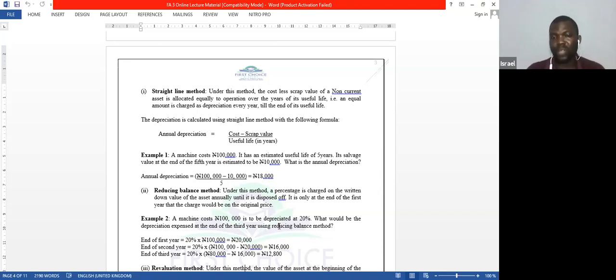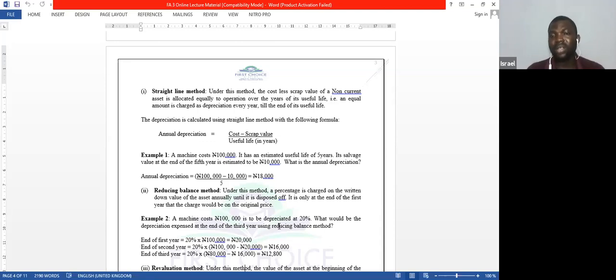Okay, the formula is 20%, which is the depreciation percentage given to us, times the carrying amount, which is also what you know as book value. And how do you get our carrying amount?